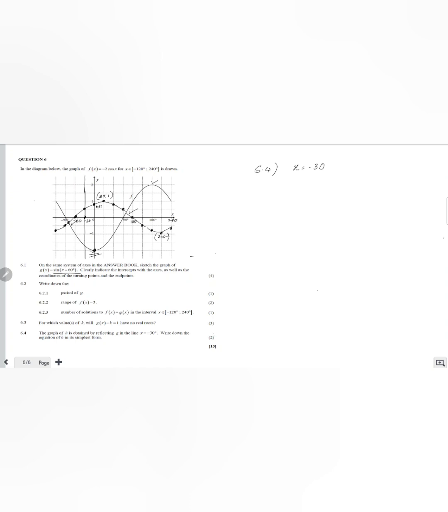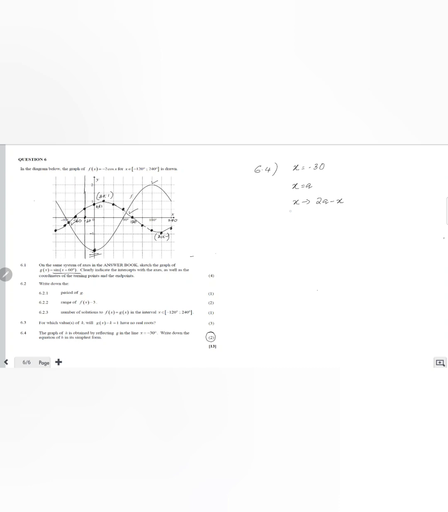If you look at the marks, there are only 2 marks, which means you can use a small formula to get this one. Any graph reflected about a vertical line, just as an example x is equal to a, then the x value of the graph will become 2a minus x. You have to do it like that.